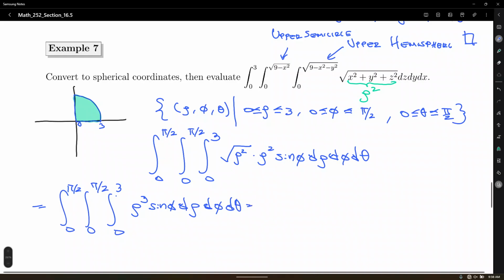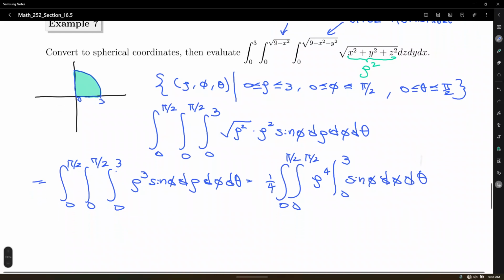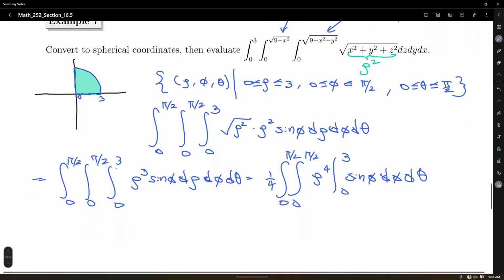Okay, integrating with respect to rho, that'll give us 1/4. I'm going to write it outside. 0 to pi over 2, 0 to pi over 2. That's rho to the 4th from 0 to 3, sine phi d theta. Upper limit minus lower limit, 3 to the 4th power.